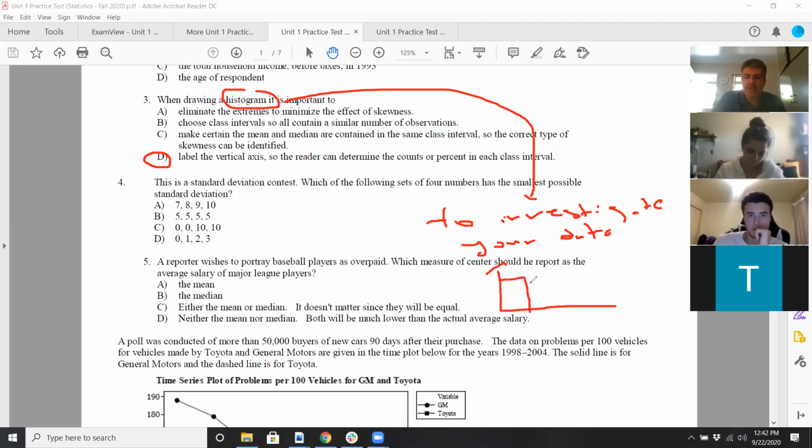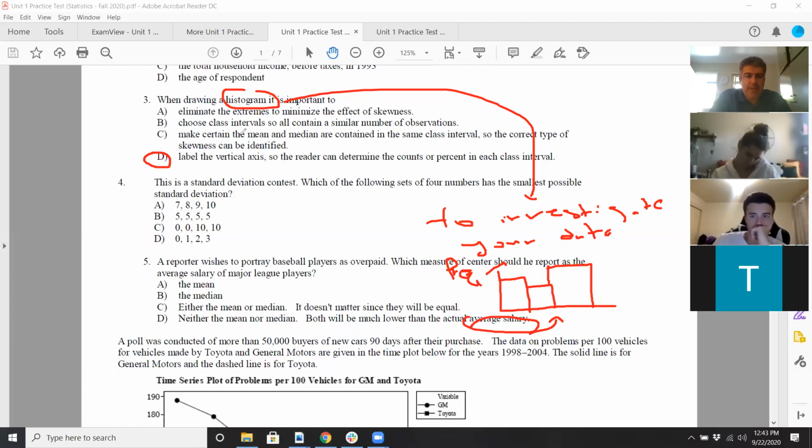But the bottom line is this. Let's say you're looking at a range. Let's say you're looking at average salary. Let's say the first range is under $100,000, maybe 100 to 200 grand, whatever. And this is frequency, right?